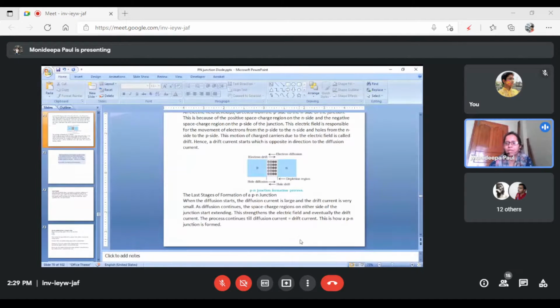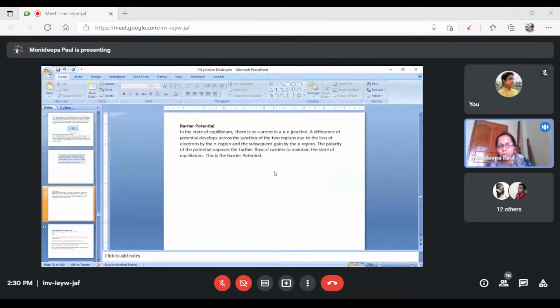When diffusion current is equal to drift current, at that time the equilibrium state, that is a stable condition, is achieved. At the stable condition, the potential difference at the depletion region resists further flow of electrons and holes. This is called potential barrier or barrier potential.